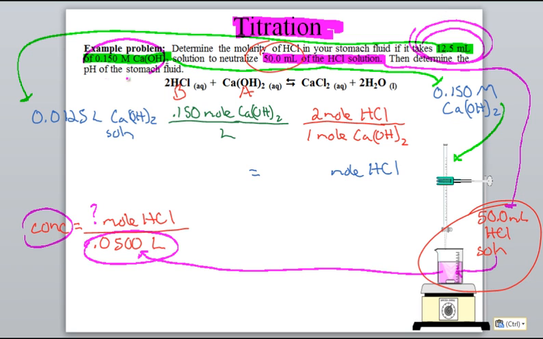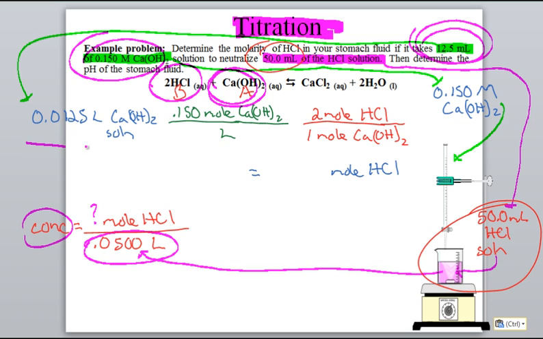The concentration is 0.15 molarity, 0.15 moles of calcium hydroxide per liter of solution. In the reaction, the mole to mole, unlike the previous one in which it was 1:1, it's not. And you know on the exam it's not going to be 1:1. For every 1 mole of calcium hydroxide added, it neutralized 2 HCl molecules.